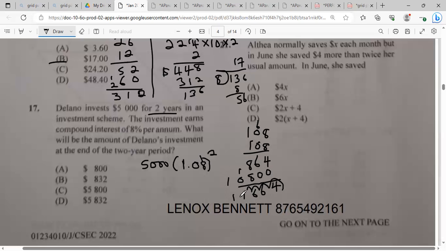So it's 1.1664 times 5,000. We just multiply it by 5.